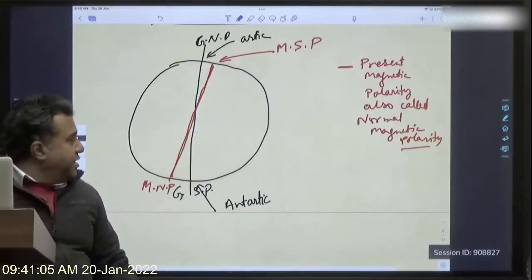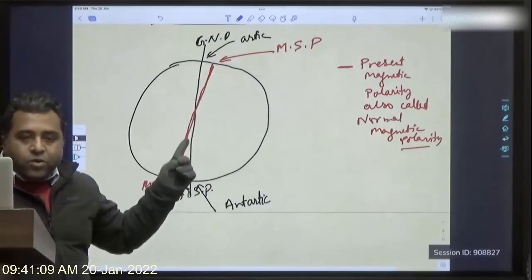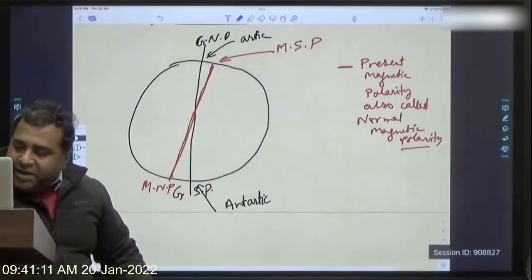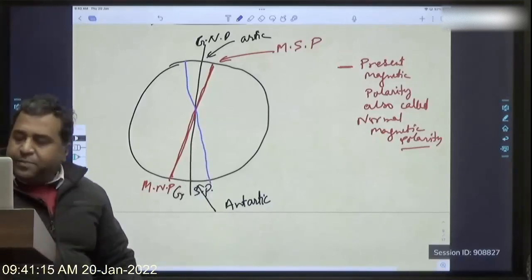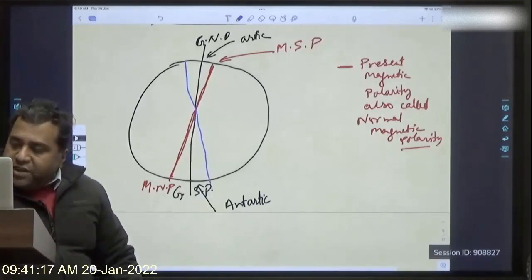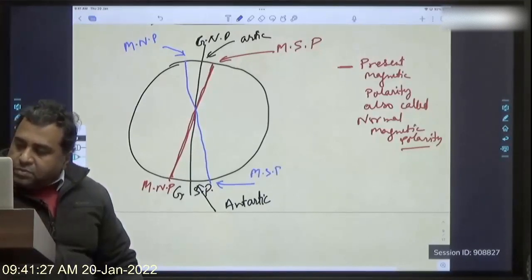It's not necessary to draw it on the other side; it might be along this red line, but that might get confusing to see. So then we might get this as magnetic north pole and this one becomes magnetic south pole, right?